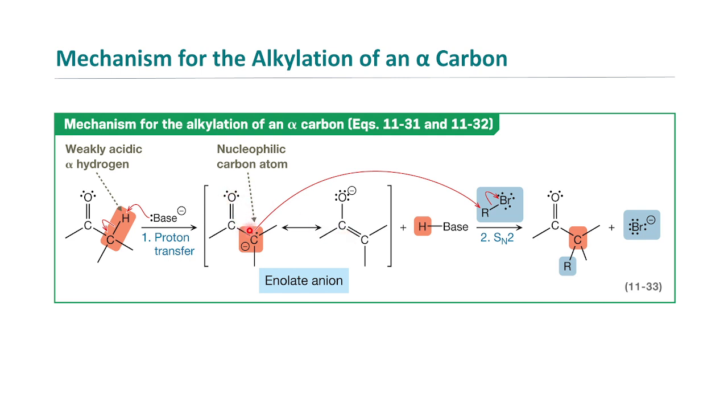So if you were to go ahead and pull these electrons over into a double bond, the electrons on this oxygen would actually come up here, and that's going to give you this product here, right? And the leaving group doesn't actually leave because it has a double bond. And this generates our enolate anion, which has the negative charge on both this oxygen and this carbon, and that negative charge is being shared.